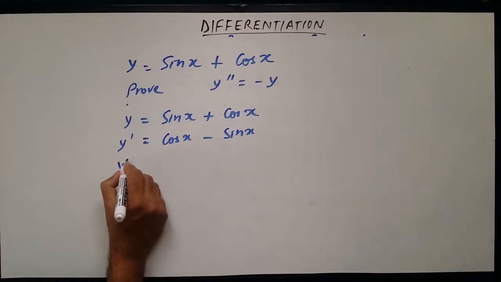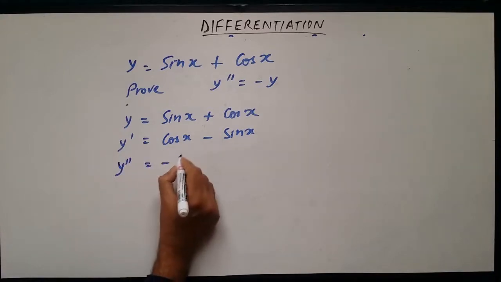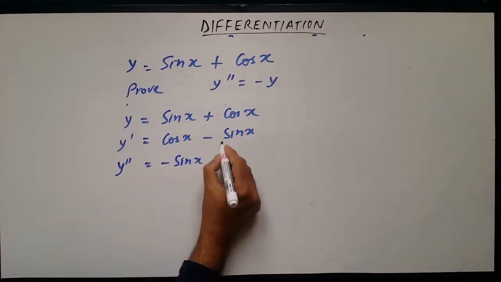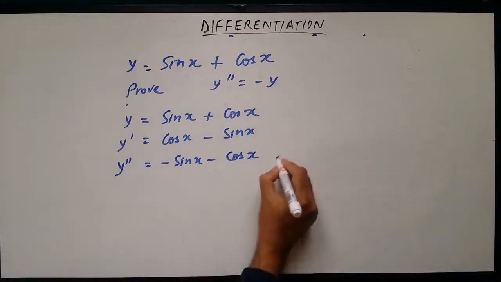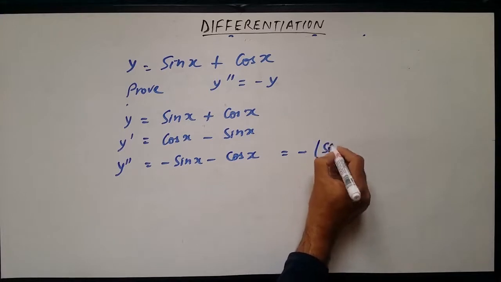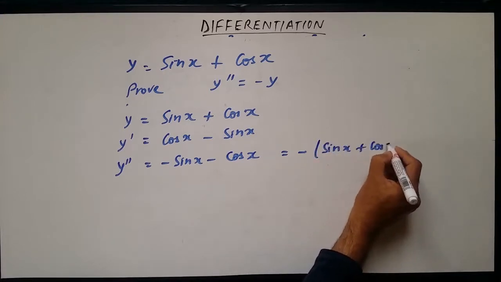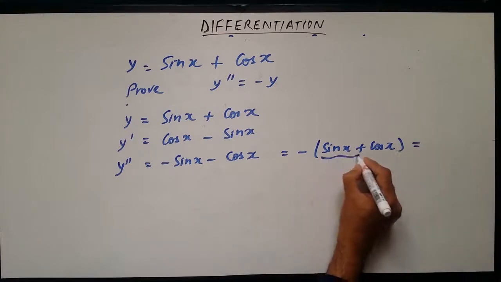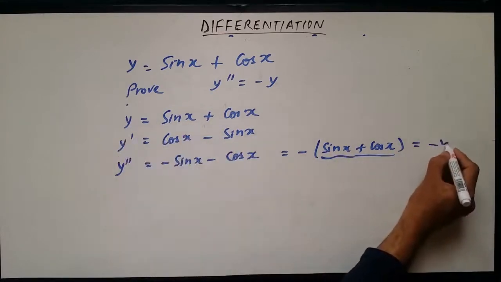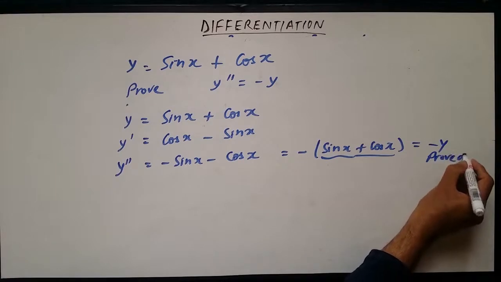Now the second derivative: the derivative of cosine x is minus sine of x, and the derivative of sine x is cosine of x. So we can write this as minus, outside, sine x plus cosine of x, which is equal to minus y. So it is proved.